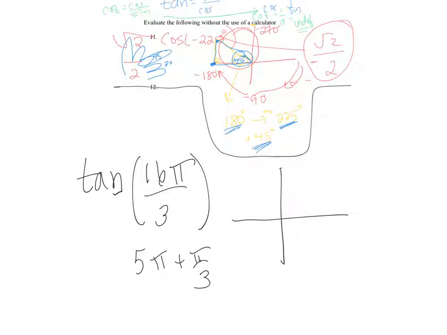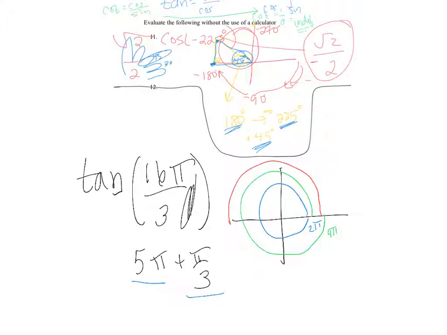Okay, so this last one's a little harder. We first need to figure out where 16 pi over 3 is. I like to break it up and write it as 5 pi plus a third pi. Now, one loop around is 2 pi. If I do another loop around, now I'm at 4 pi. And if I do half a loop, I'm at pi.